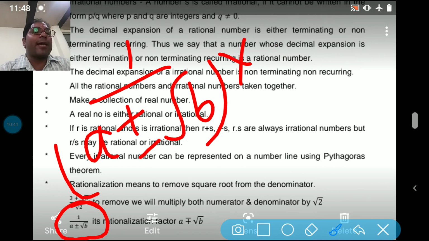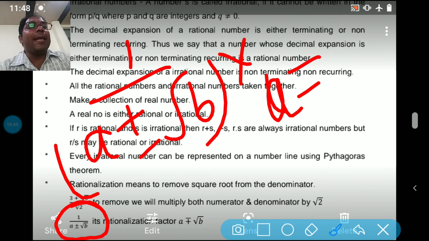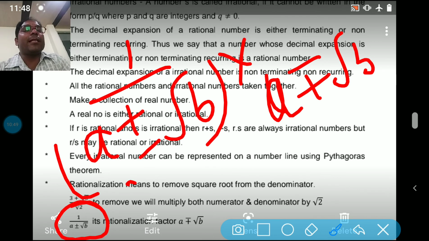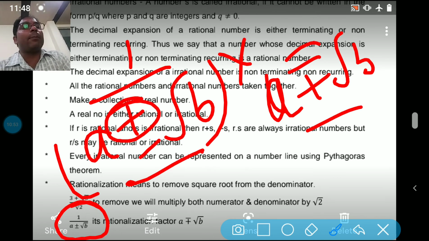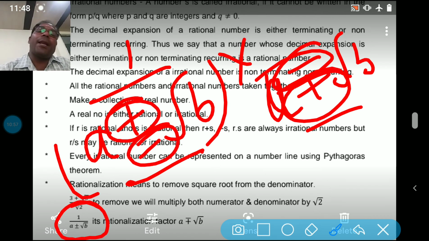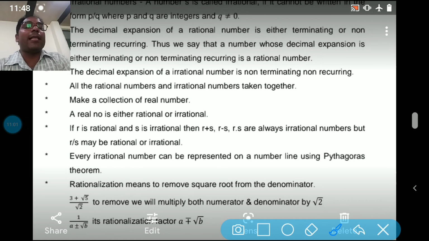That I am going to explain. We have to multiply by a minus plus root b. Here you can see this is plus minus and here minus plus, meaning if plus is there then multiply with the minus sign, and if minus sign is there then multiply with the plus sign. I am going to explain one example.